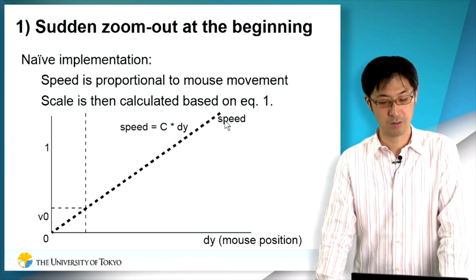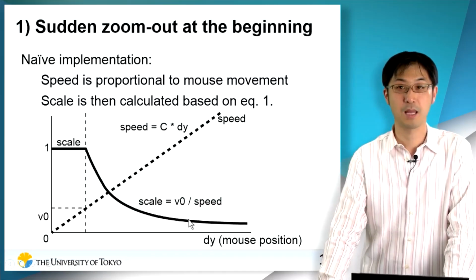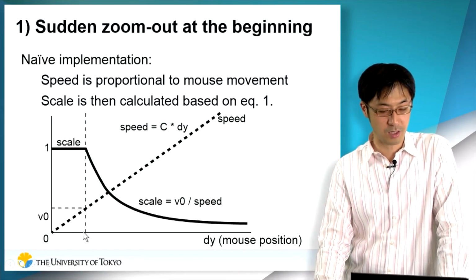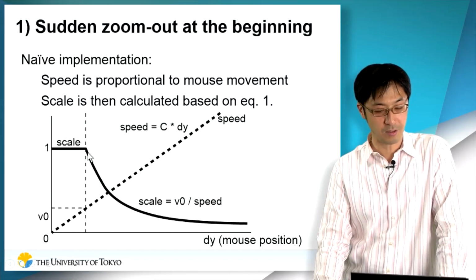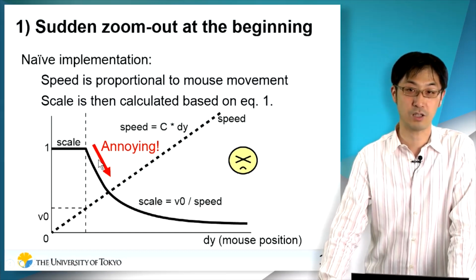And then based on equation 1, you get the scale. However, look here. As soon as you start zooming, scale suddenly drops. This sudden drop is very, very annoying if you actually interact with the system.